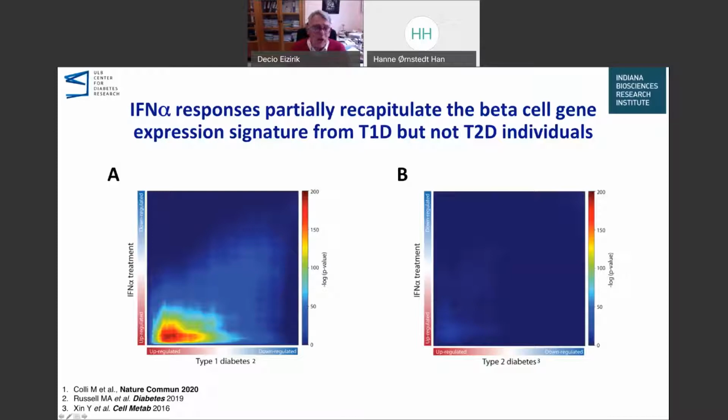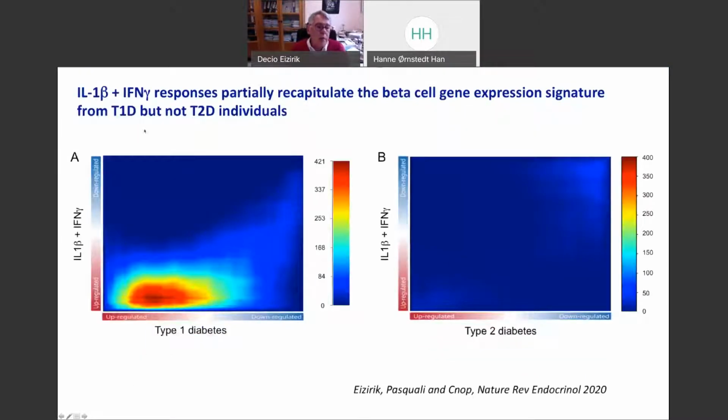This is not a non-specific effect of beta cell stress, because when we look at islets from type 2 patients and compare with interferon treatment, there is no similarity. And we also compared beta cells from type 1 patients against human islets treated with interleukin-1 beta plus interferon gamma, and there was again a fairly good correlation, and again minimal or no correlation with type 2.